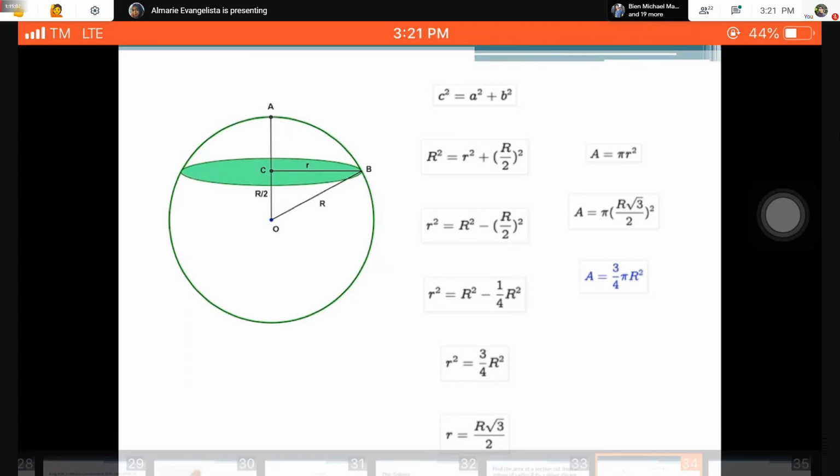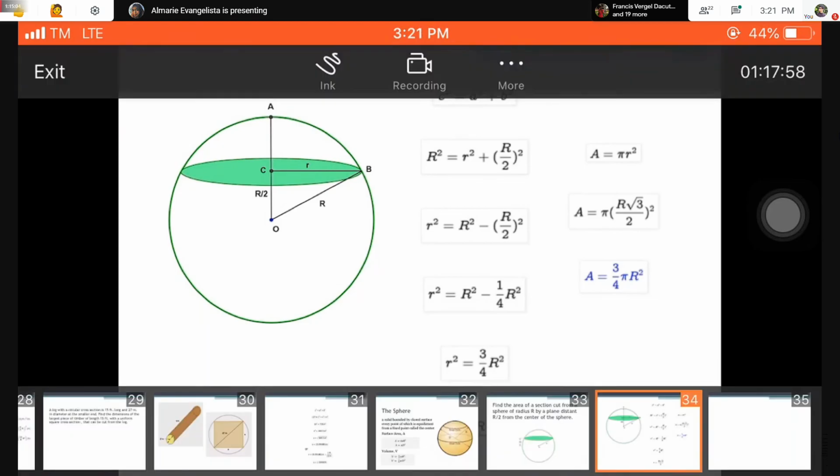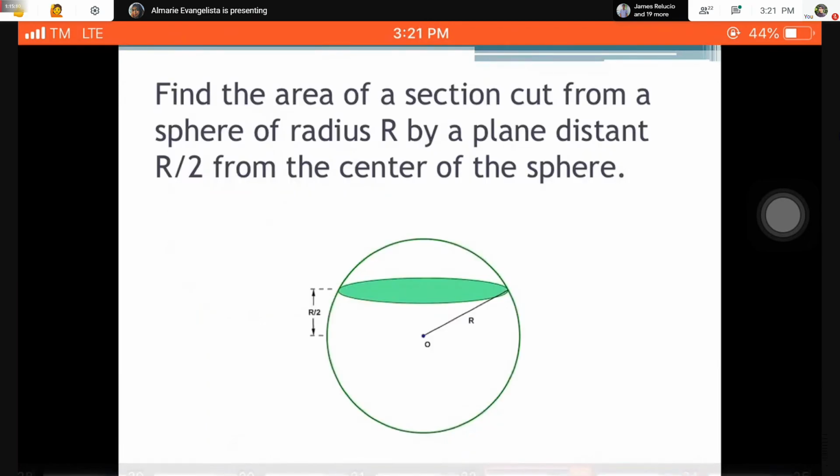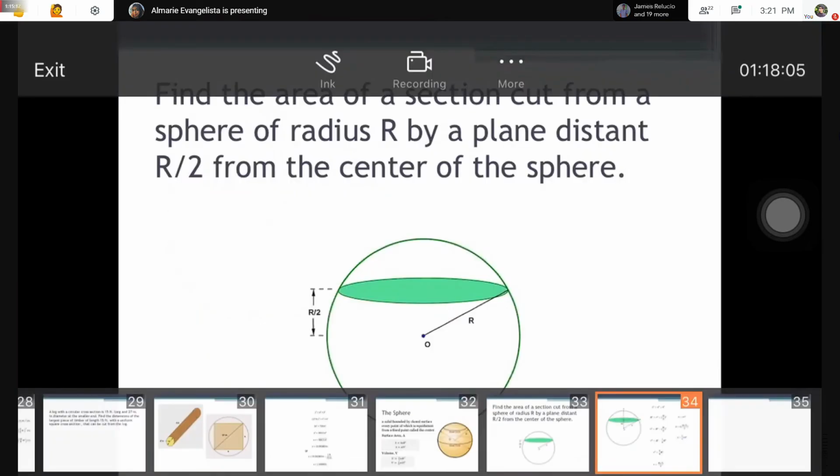And then, ang hinahanap sa problem, di ba, is area. Sabi, find the area of a section cut. So, since ang sinolve natin using Pythagorean theorem is yung radius, so may value na tayo ng radius, i-equate natin siya dun sa formula sa pagkuha ng area ng circle, which is pi r squared.